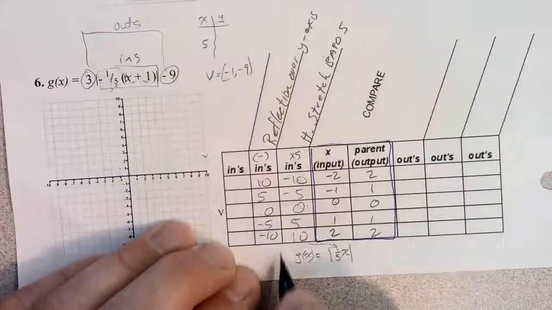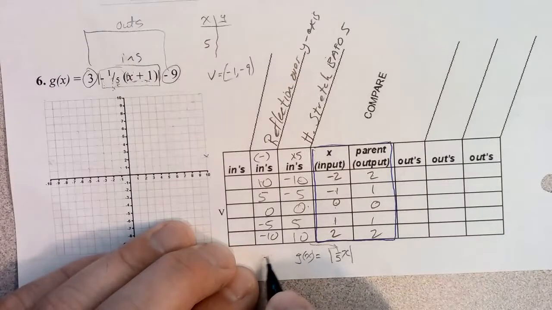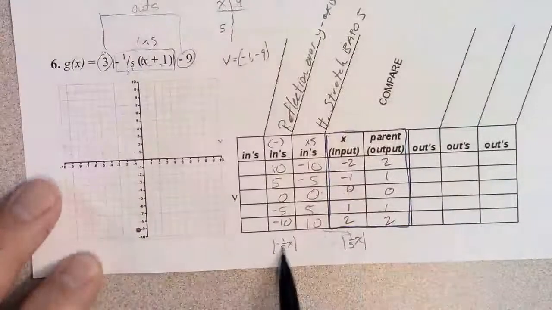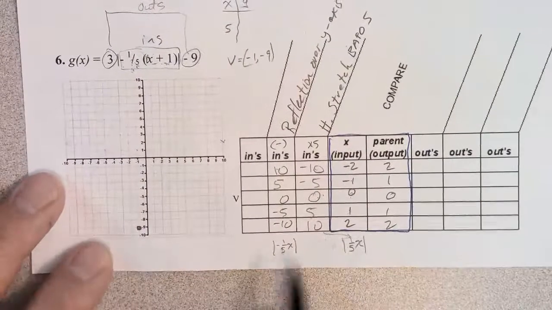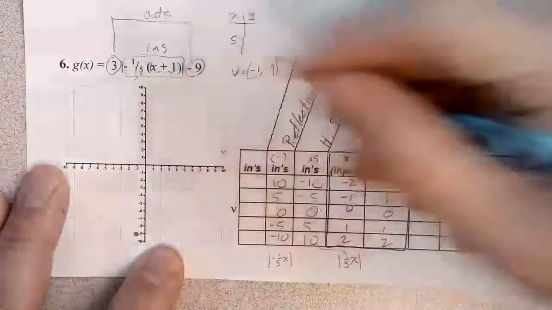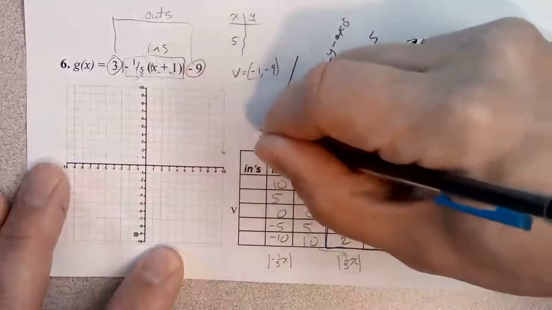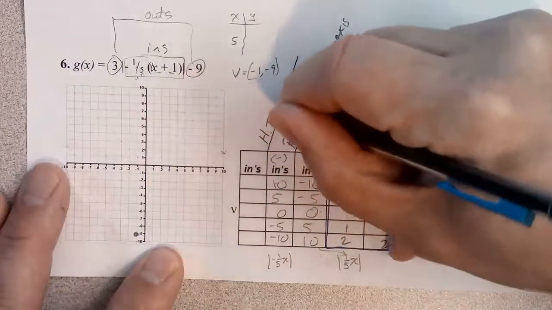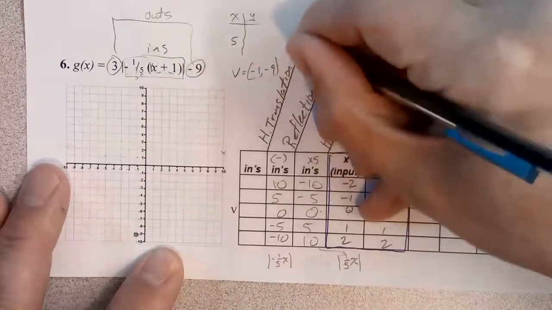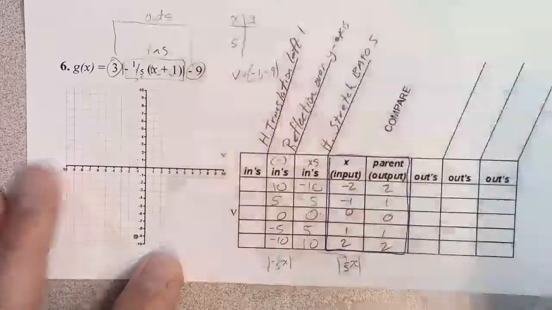Okay, so now if we had this, we would be at negative 1/5 absolute value of x if we were to graph it. Right? So the first one would have got us to that part. This part gets us now there. And now we're going to do the last one dealing with the 1. The 1 is a horizontal translation. Left 1.